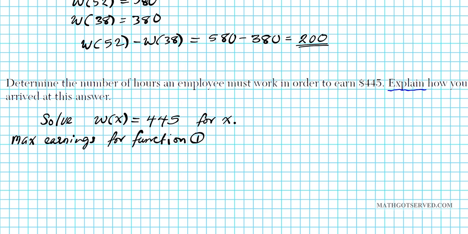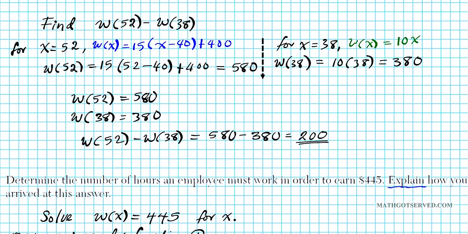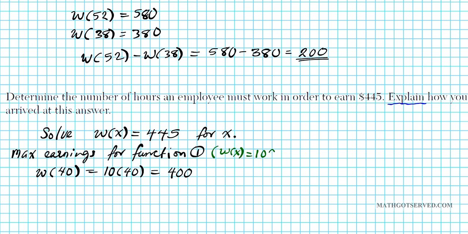How do we know the highest amount of money you can earn from this function? You plug in the highest value in this domain, okay? And the highest value is 40. So if I plug in 40 into w of x, I will know the maximum earning it can be. So w of 40 is going to be 10 times 40, which is 400.